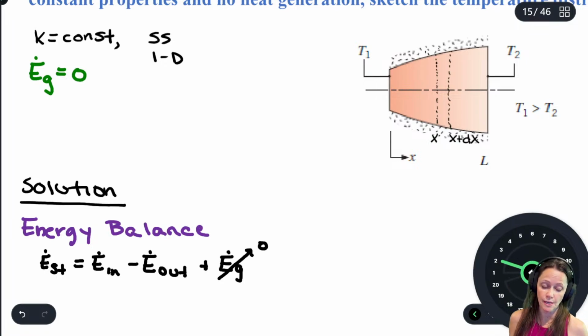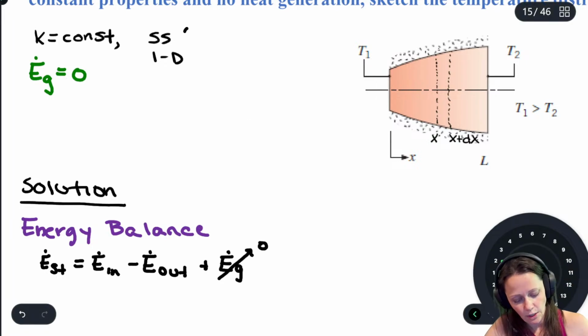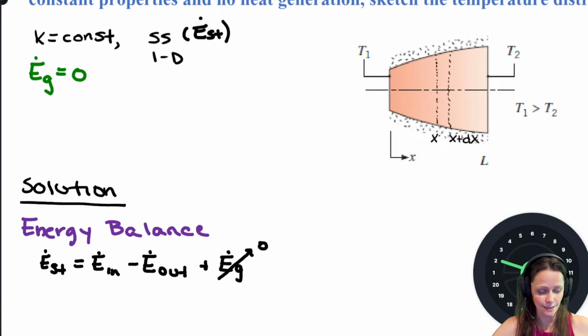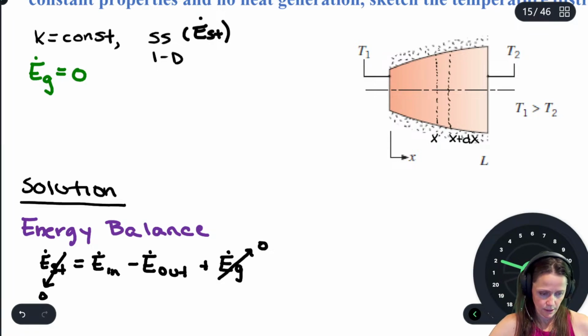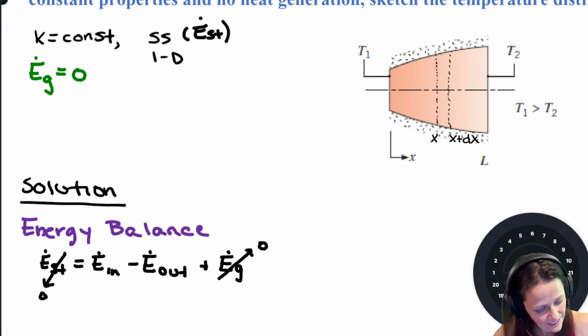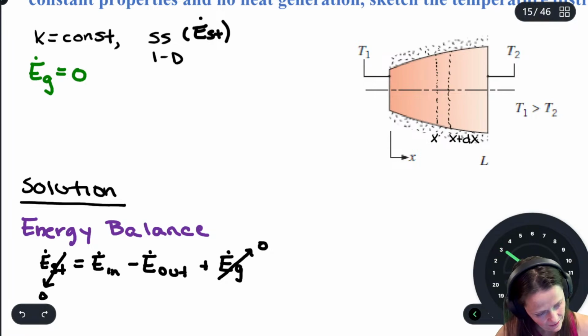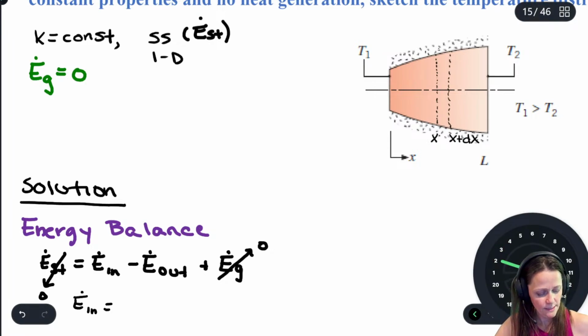And they also said that it's steady state, which means that this E dot ST, which again is analogous to dE dt in your first law of thermo, is going to go away as well. So we've got E dot in is equal to E dot out.